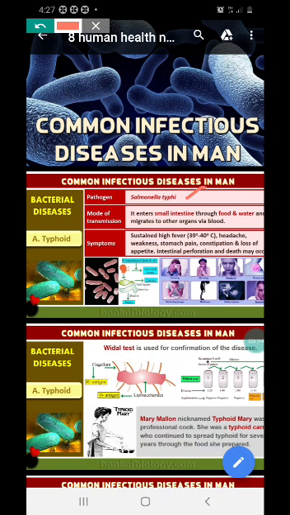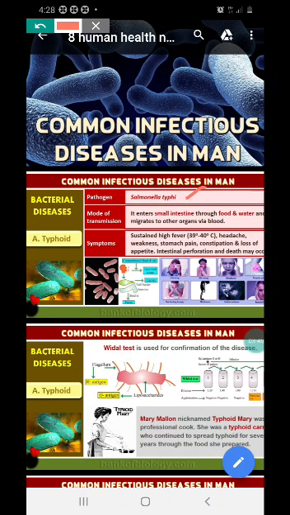Now, how does it get transmitted to us? It enters the small intestine through contaminated food and water, and afterwards it migrates to the other organs of the body through blood. So first it enters the small intestine.